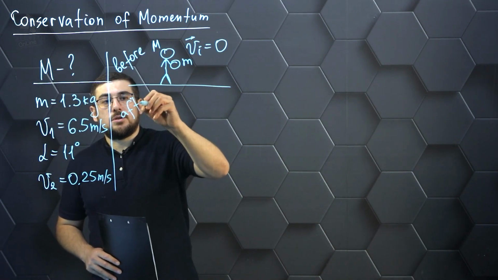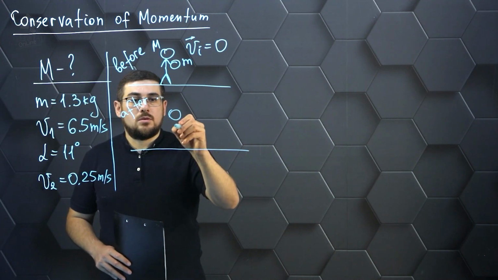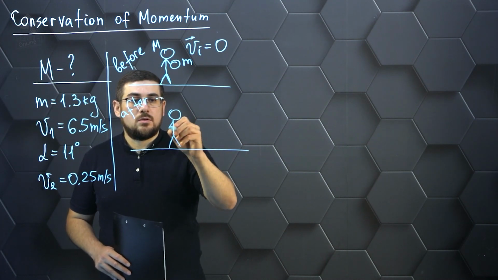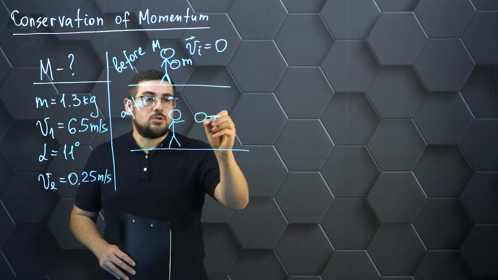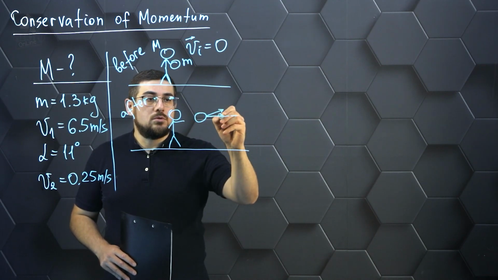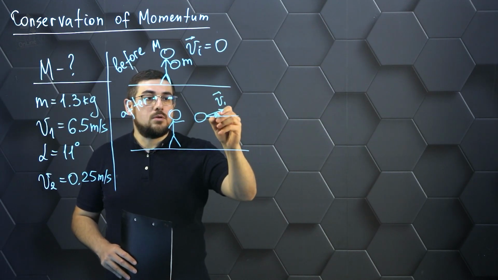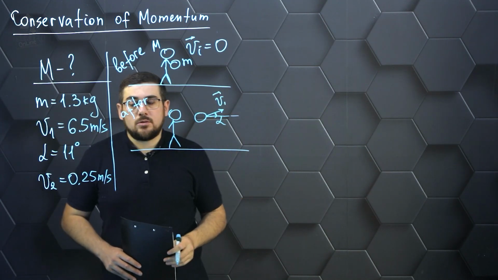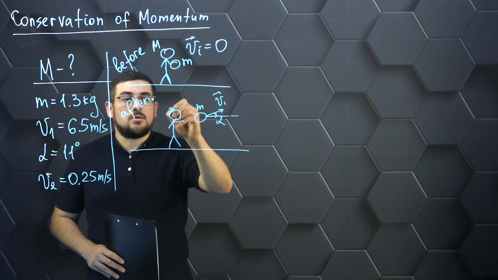What do we get after the throw? The bag is flying relative to the horizon at velocity v1. This angle was 11 degrees. That's m small.